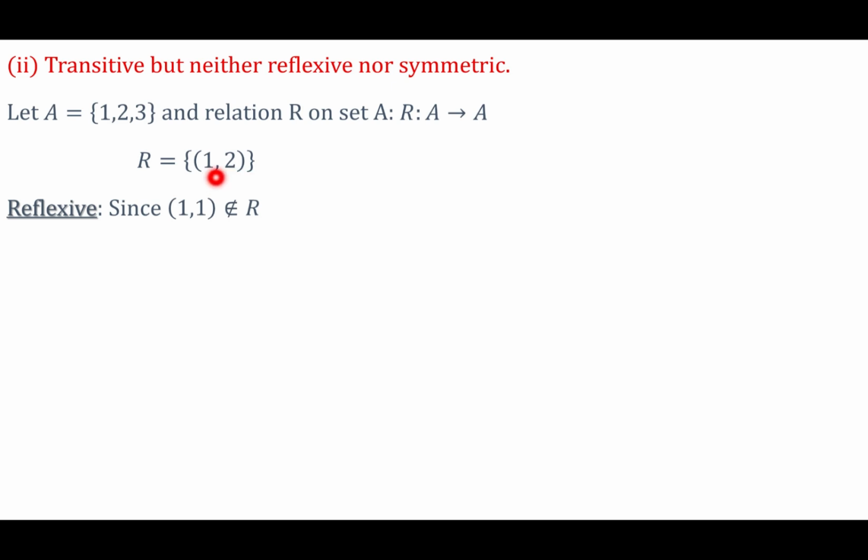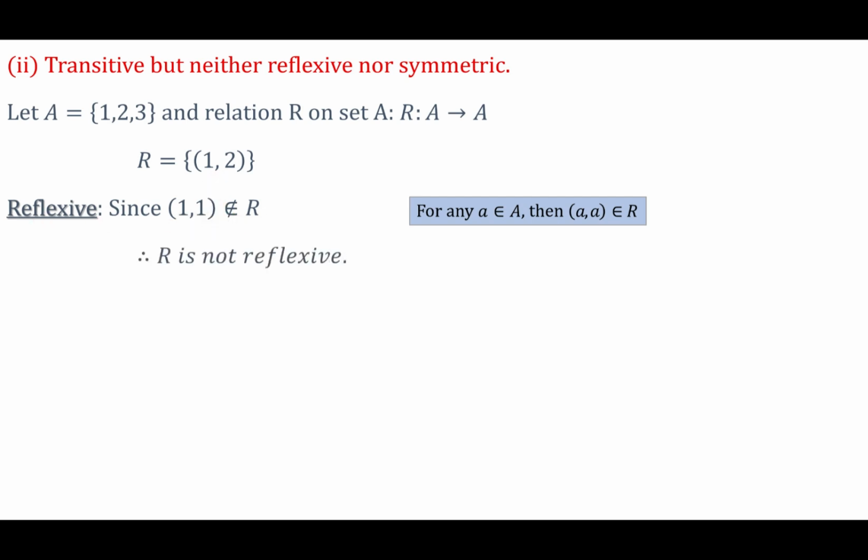As we know, (1, 1) does not belong to R, which means this is not reflexive. The reflexive definition says for every element a in A, the pair (a, a) must belong to R. I don't have that. (1, 1) does not belong to R, (2, 2) does not belong to R, which means the given relation is not reflexive.